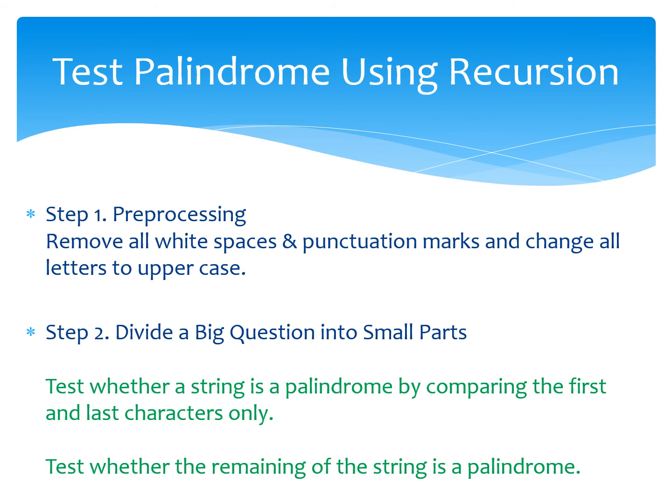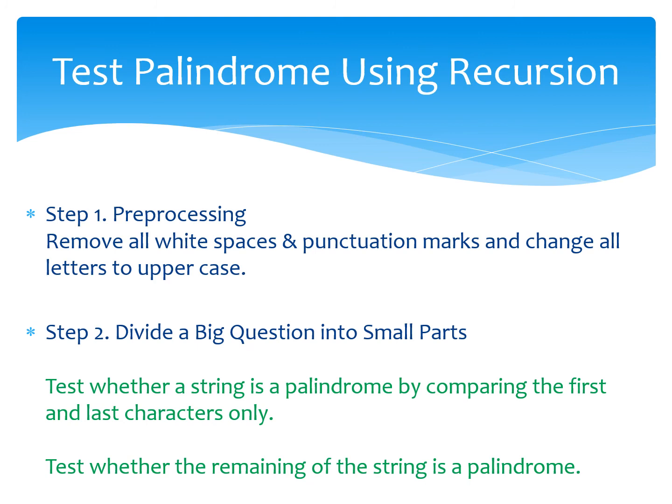So how do you design a recursive function to detect palindrome? The first step is preprocessing. As aforementioned, we ignore all white spaces and punctuation marks and ignore upper and lower cases. For this reason, we preprocess our string by removing all white spaces and punctuation marks and change all letters to uppercase.